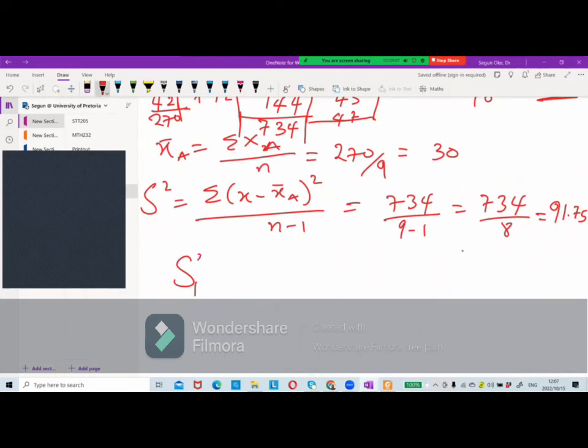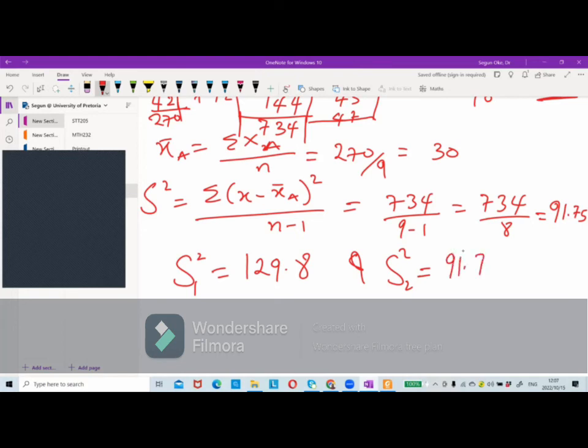Our S1 squared is B. What's the value for B? 129.8. And S2 squared is what? 91.75. Good.